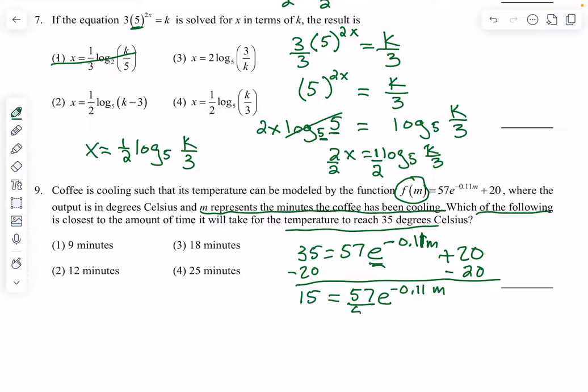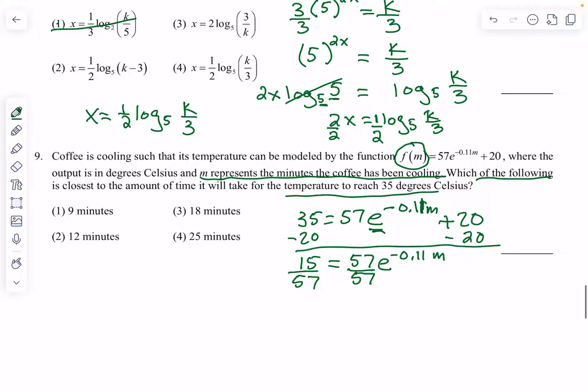We're going to divide by 57. Like I said, you can divide it and you'll get a decimal, and then you have to carry the decimal. But it's easier, really, if you just keep this until the very end, until we get m equal to something, and then we could put it in. All right, so this is equal to e to the negative 0.11 m.